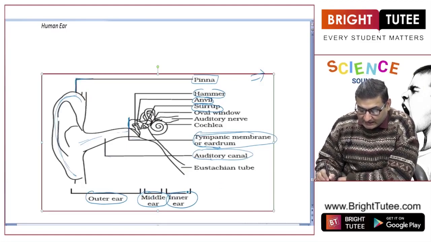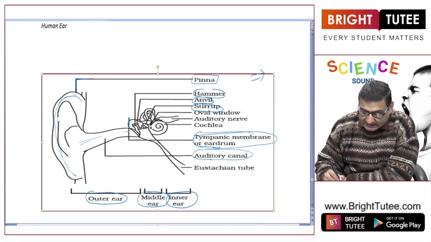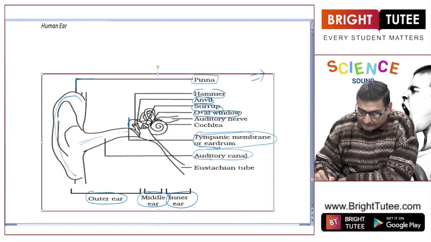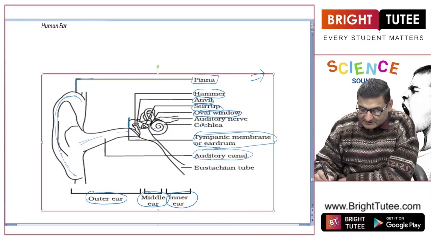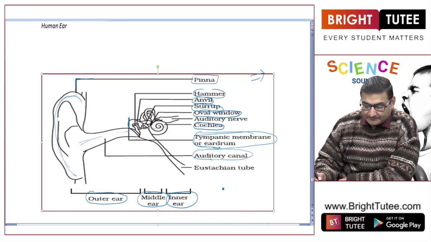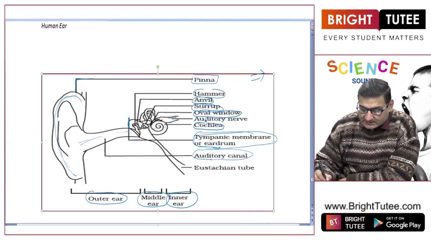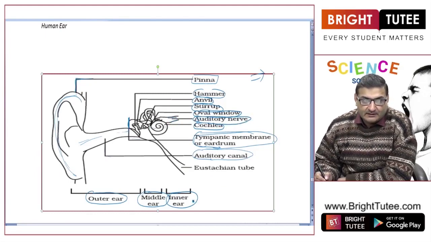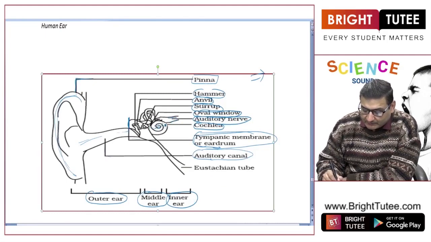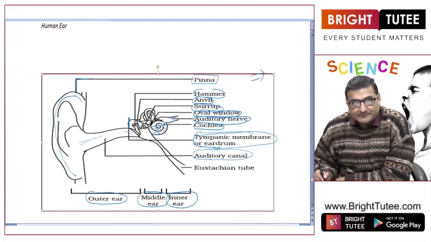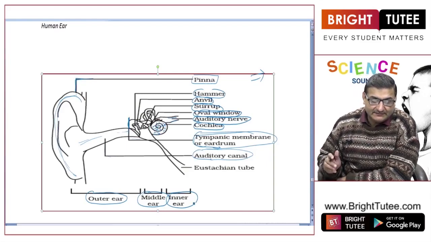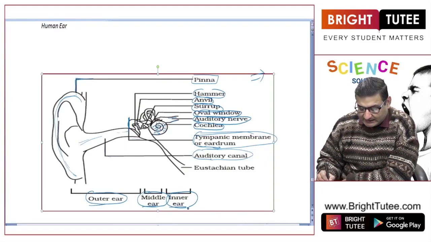Then the inner ear. Now the inner ear has an oval window, and then there is this circular shell like structure which is known as the cochlea, and there are these nerves known as the auditory nerve. This cochlea is filled with fluid. So this is what exactly our human ear is made up of. Our human ear consists of 3 divisions: outer ear, middle ear and inner ear.